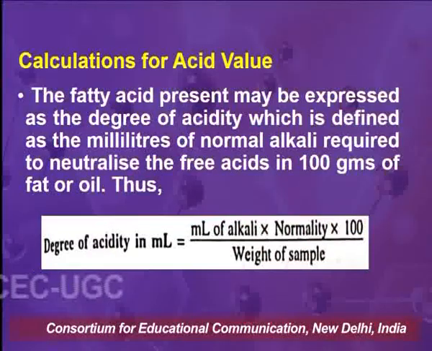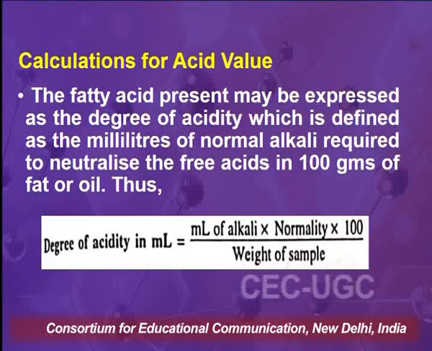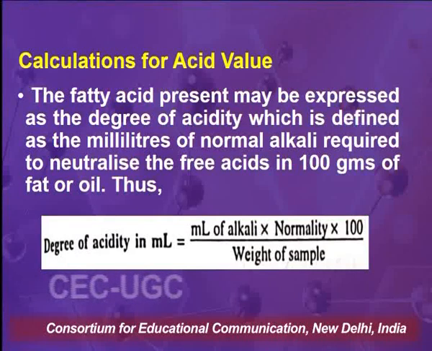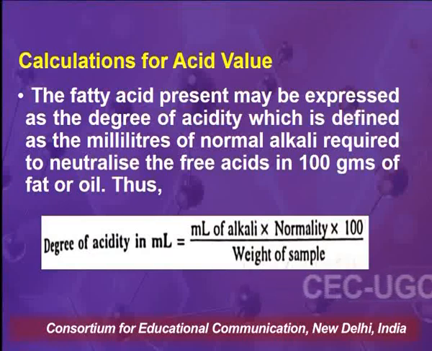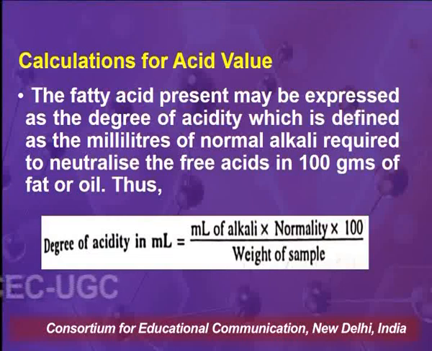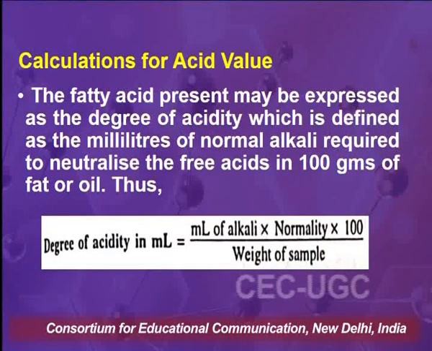Now the calculation for acid value: the fatty acid present may be expressed as the degree of acidity, which is defined as the milliliters of normal alkali required to neutralize the free acids in 100 grams of fat or oil, which is given by this formula: ml of alkali into normality into 100 upon weight of the sample of oil or fat.